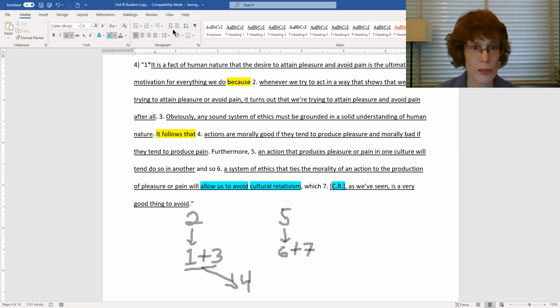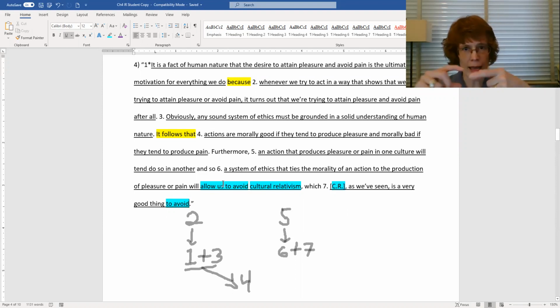Actually, I suppose I should say, why didn't any of you interrupt me? This doesn't refer to cultural relativism technically. It refers to avoiding cultural relativism, right? Well, no, I guess which refers to cultural relativism is a very good thing to avoid. So we're fine. So avoid cultural relativism, to avoid, right? Excellent. So that's what they have in common.